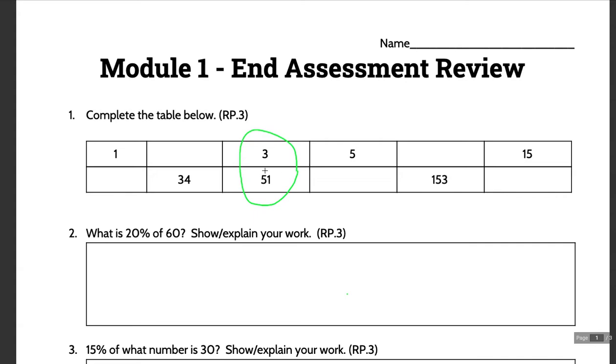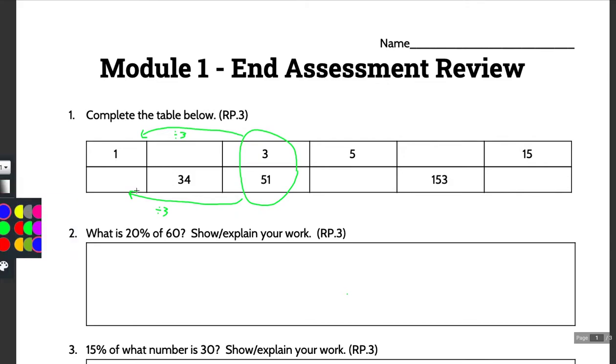You could think of how you get from 3 to 1. What we're trying to do here is find the unit rate. So 3 divided by 3 is 1, so we do 51 divided by 3, and that is 17.